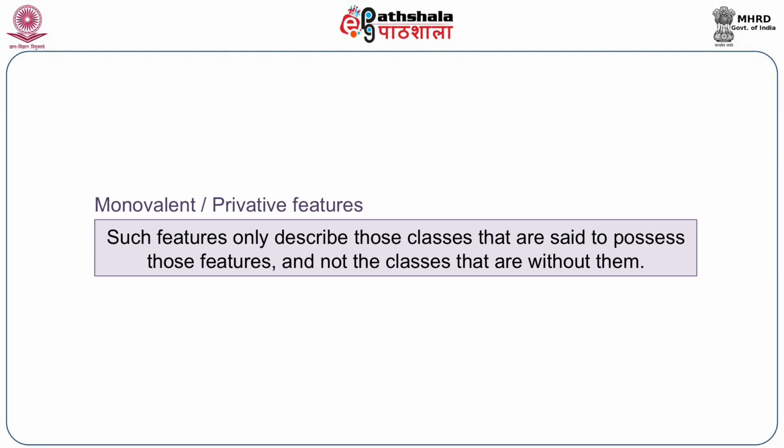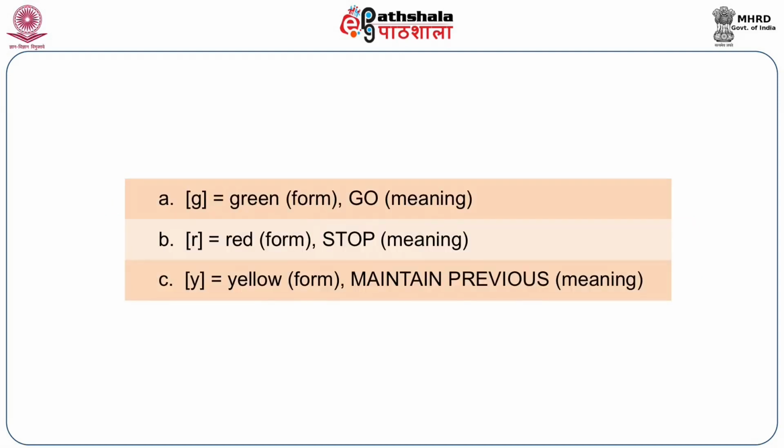So using that system, we would describe the traffic light system as having the following feature system. G signifies green and it means go. R signifies red form and stop meaning. Y signifies yellow form and it's a maintain previous meaning. We could also then build in blinking and flashing in the light in the manner that we've done earlier.